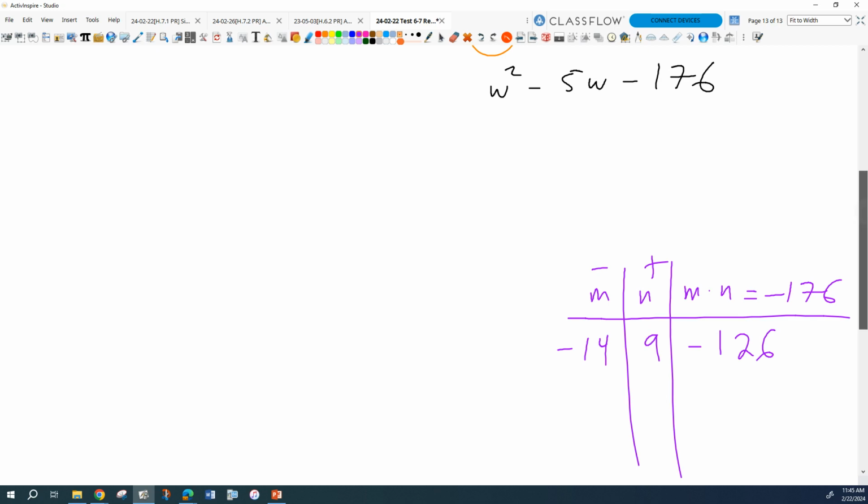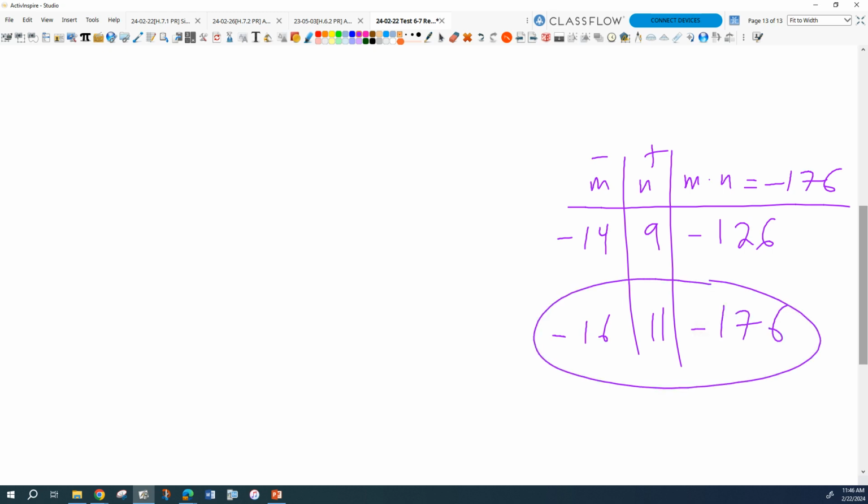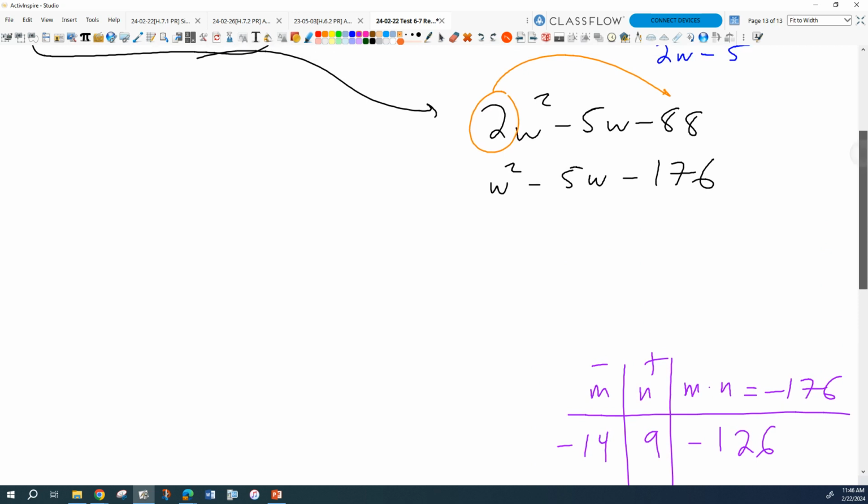So throw something out. Negative 16 and 11. Yeah, negative 16 and positive 11. Okay, so there are my magic numbers.